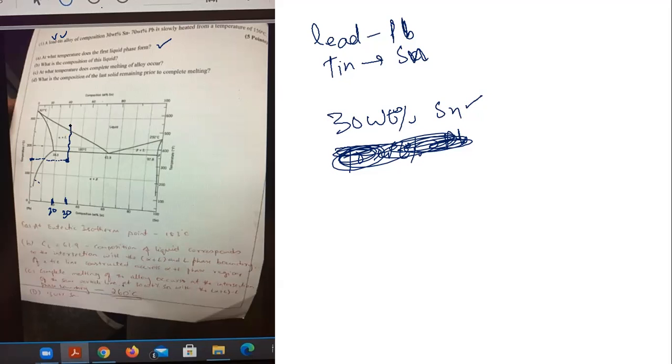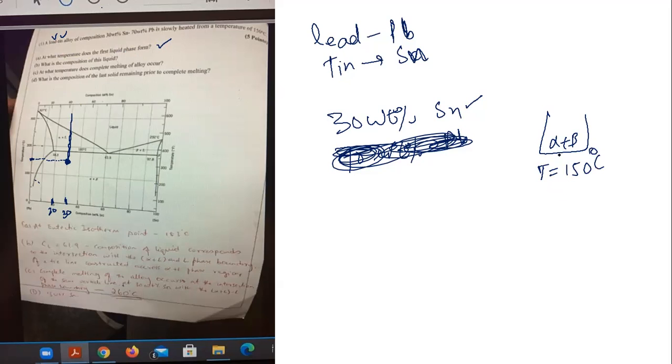So at this point you have alpha plus beta, right? Yes, alpha plus beta. The temperature is 150 degrees centigrade, and the composition is alpha plus beta.